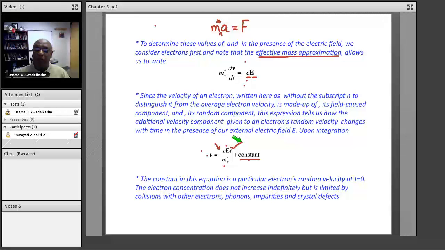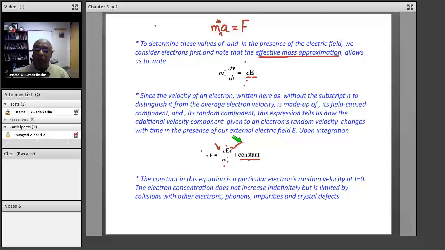But we know that the current density depends on the velocity. So that means the current density increases with time for a constant voltage. But we never observe that.